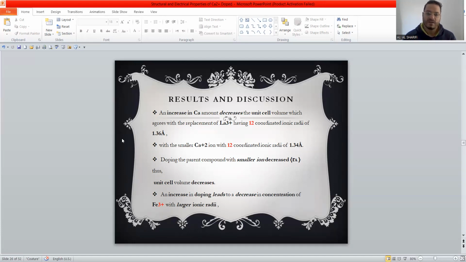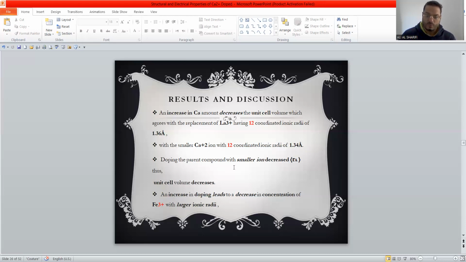We know we have many coordination numbers, but they selected 12, and the ionic radius of lanthanum is 1.36 angstrom and of calcium is 1.35. Yes, the smaller calcium 2+ ion with 12 coordinates equals 1.35 angstrom, like I said.